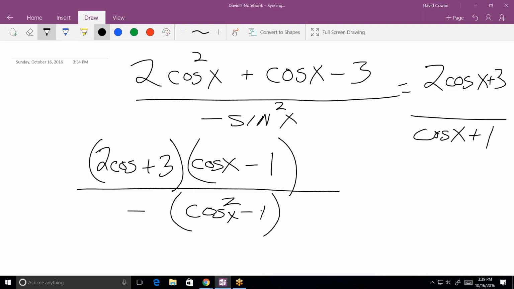And then this factors how? You have cosine x minus 1 and cosine x plus 1. And now you can see where we're going. Now, this negative sign has to be applied to one of them.